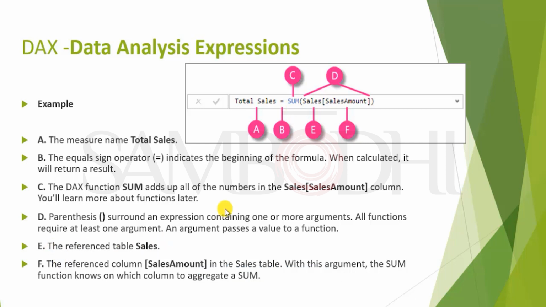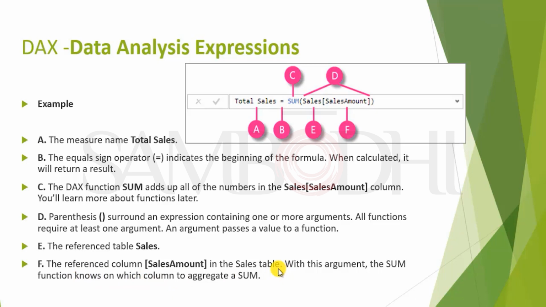The reference table is the Sales table. So from the Power BI relationships and the tables, whatever you've imported, it's the Sales table we are referring to, and the column name within that Sales table is Sales Amount. So with this argument, the SUM function knows on which column to aggregate the sum.